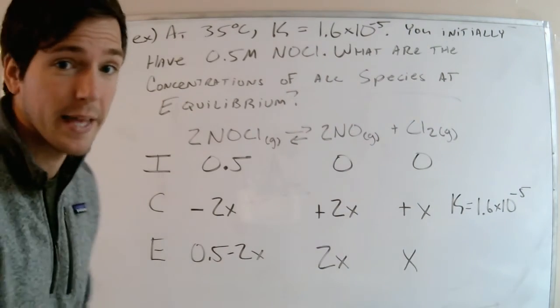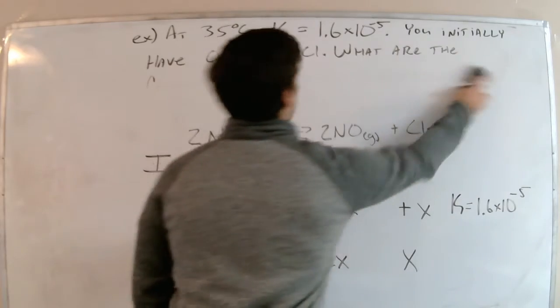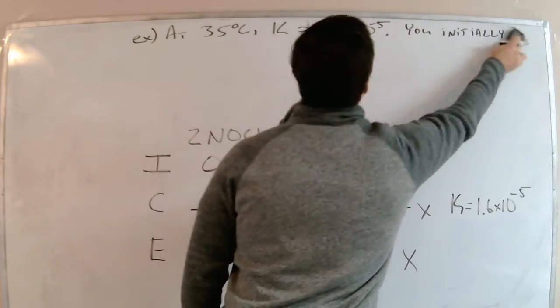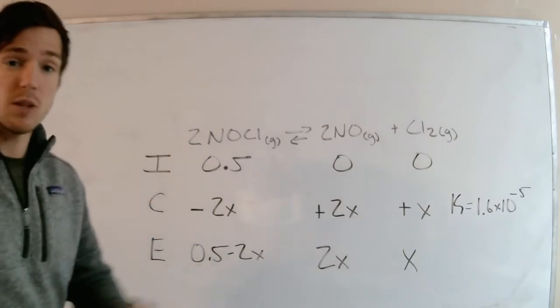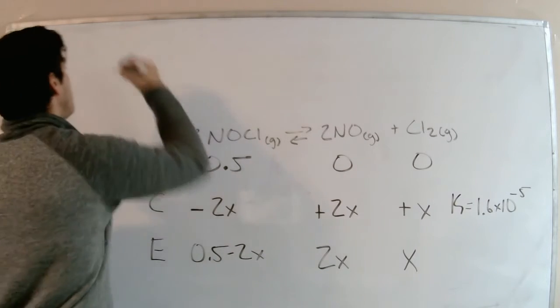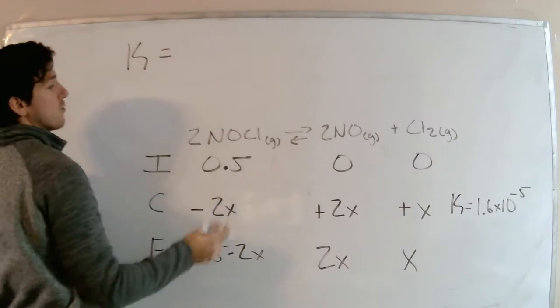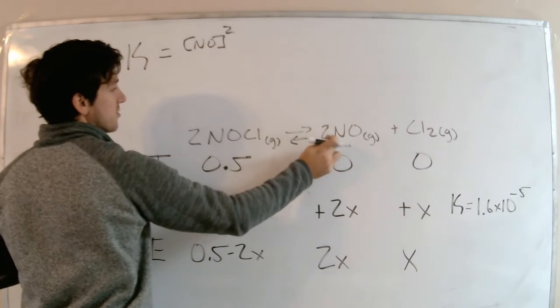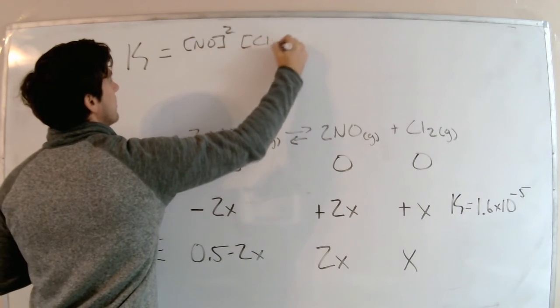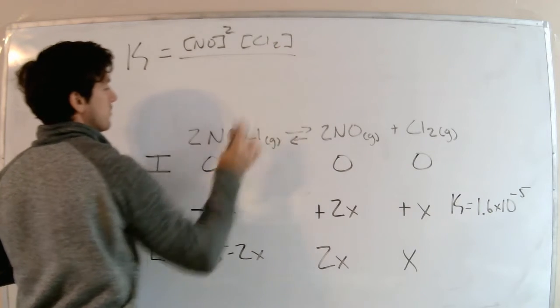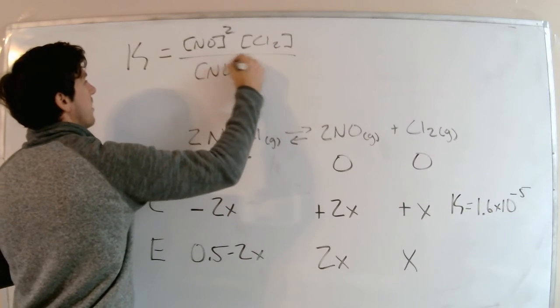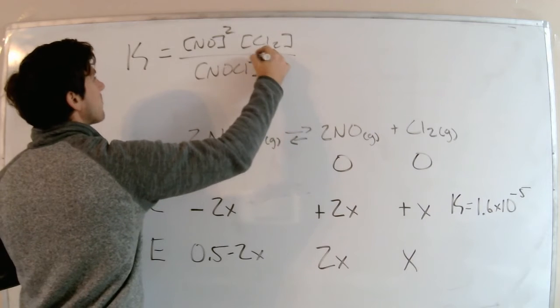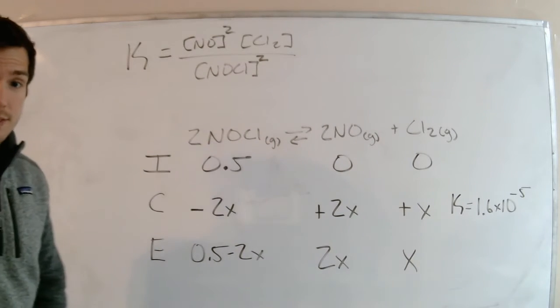So let's erase this and now start our equilibrium expression. Let me write my equilibrium expression first without any values. K is products over reactants. I have NO squared because there's a 2 in front, times Cl2, over reactants, which is NaCl squared.